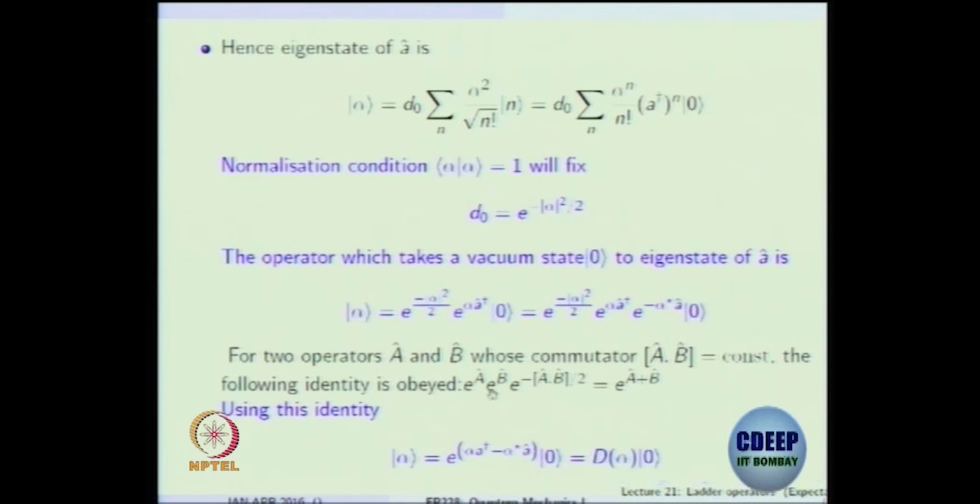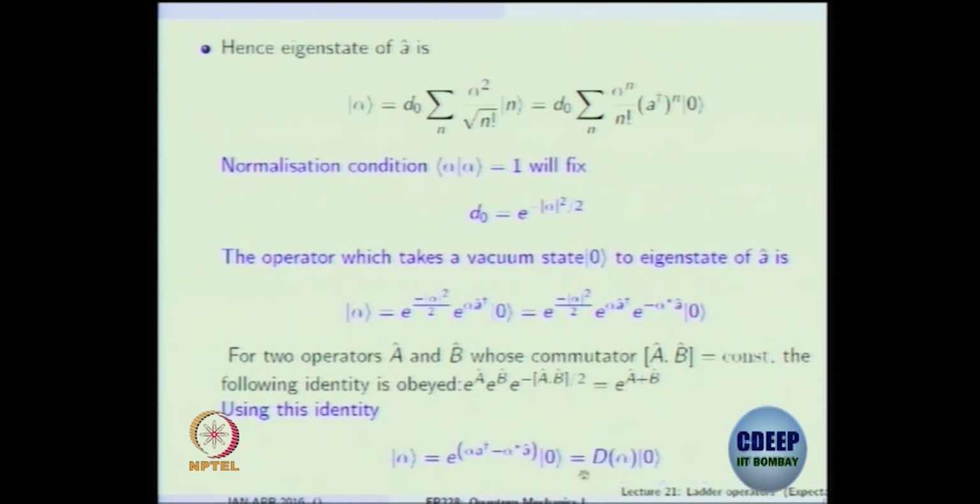If the commutator is 0. Otherwise, e to the A plus B is very different from e to the A, e to the B. The explicit relation is e to the A, e to the B, e to the minus commutator of this. This relation is true only for operators which satisfy this condition. You can't apply this for other operators.